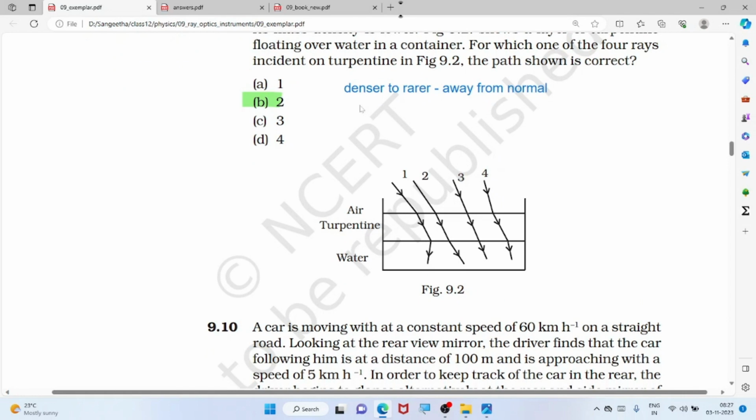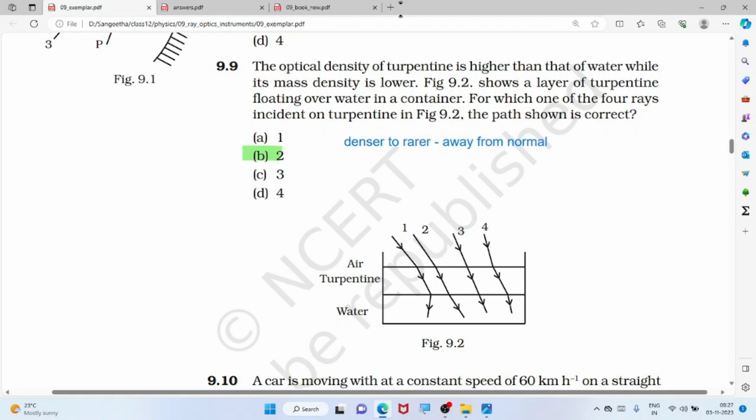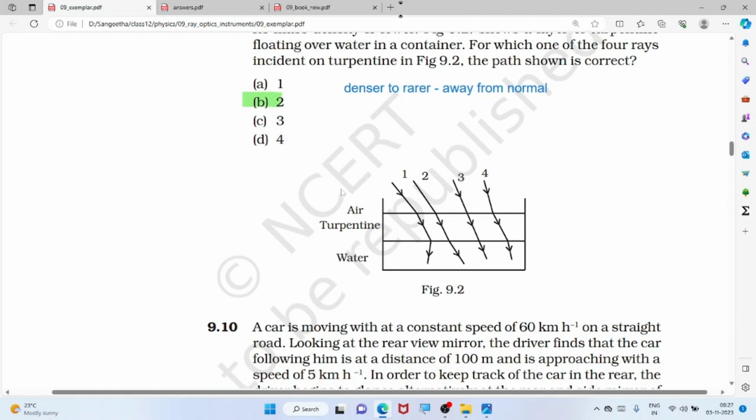We are moving from denser to rarer, since the optical density of turpentine is higher than that of water, so the ray bends away from the normal.